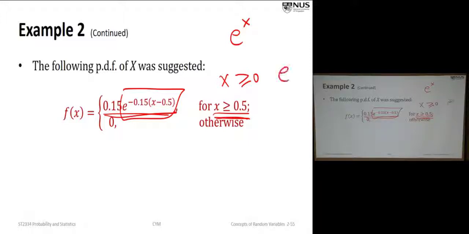What is e to the power minus 1? 1 over e, right? Use a calculator, you know what e is. I roughly know that it's 2.71 something. So what I'm trying to say is that this is bigger or equal to 0, no matter what your x is. So even x bigger or equal to 0.5 is bigger or equal to 0.